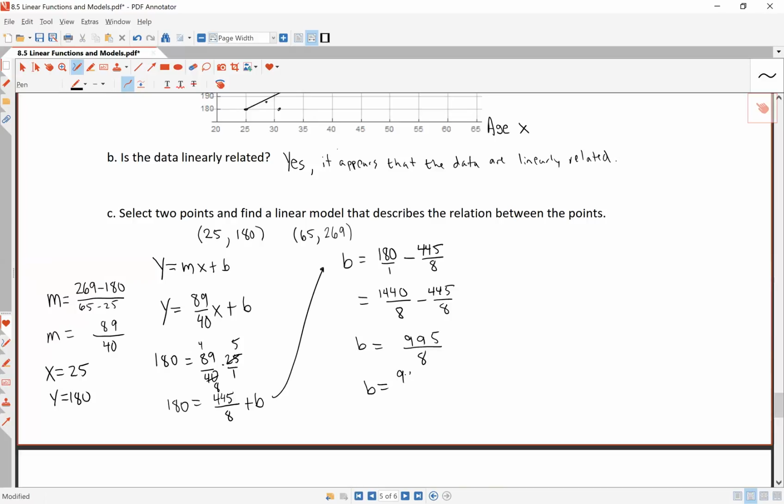So b is 995 over 8, or y equals 89/40 x plus 995 over 8.